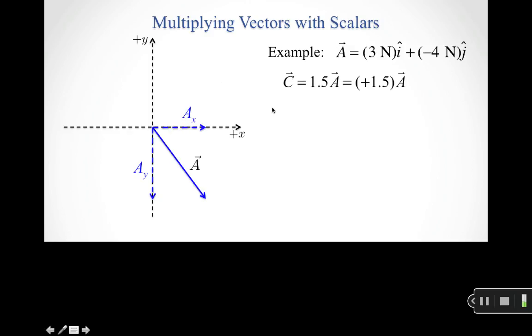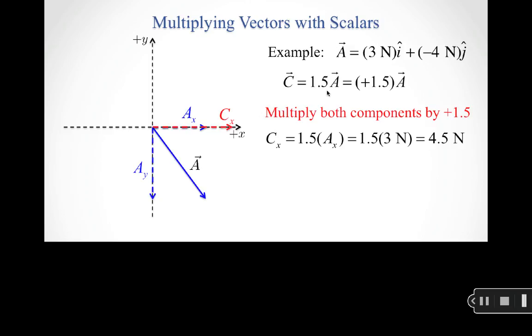Alright, so what if I, again, start with vector A, but create some new vector, vector C. This time I'm going to multiply vector A by a different scalar, in this case positive 1.5. Again, my rule says I'm going to multiply both components of vector A by positive 1.5. So the x component of vector C is going to be 1.5 times 3 newtons, that's 4.5 newtons.